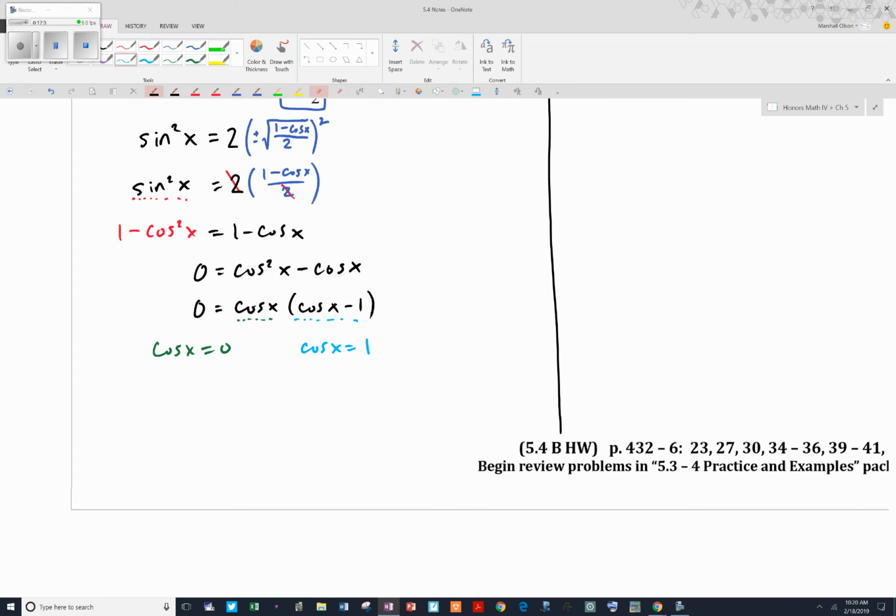So we're talking about where cosine is 1 and where cosine is 0. Cosine is 1 right here at 1, 0. So we're at 0 radians because the point is 1 comma 0. And oops, I've got this mixed up, don't I? Got my colors mixed up. Let's fix that.